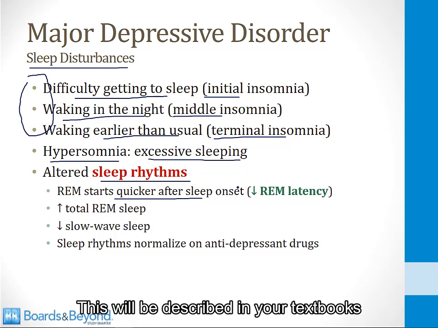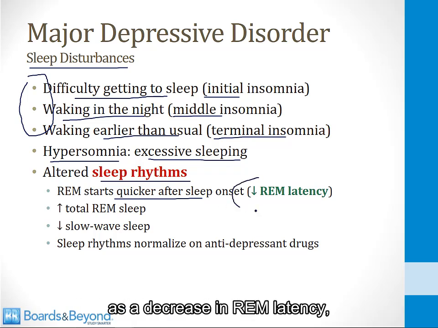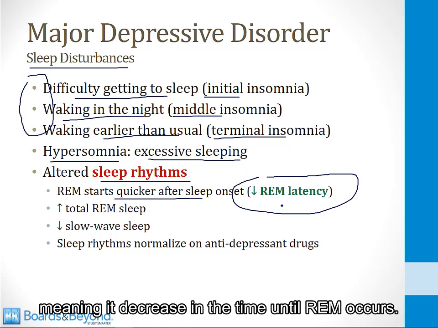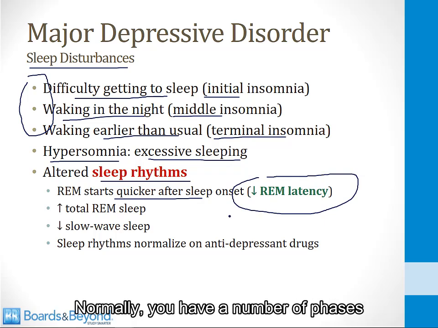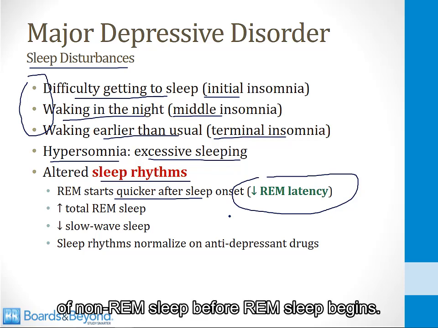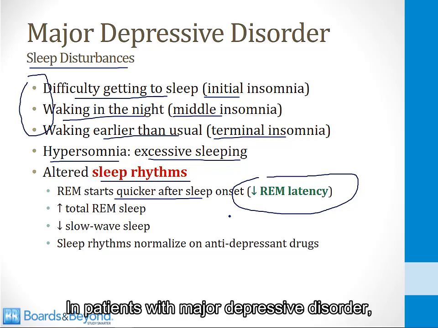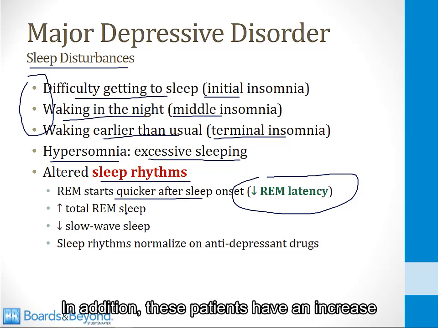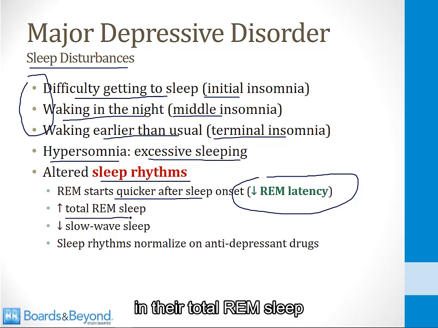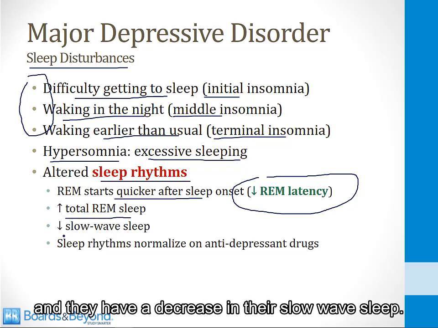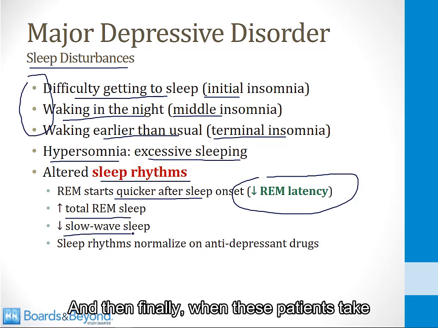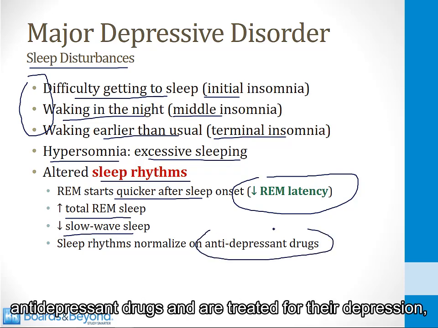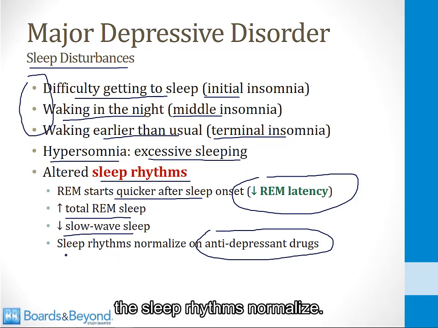This will be described in your textbooks as a decrease in REM latency, meaning a decrease in the time until REM occurs. Normally, you have a number of phases of non-REM sleep before REM sleep begins. In patients with major depressive disorder, the REM sleep begins faster. In addition, these patients have an increase in their total REM sleep, and they have a decrease in their slow wave sleep.